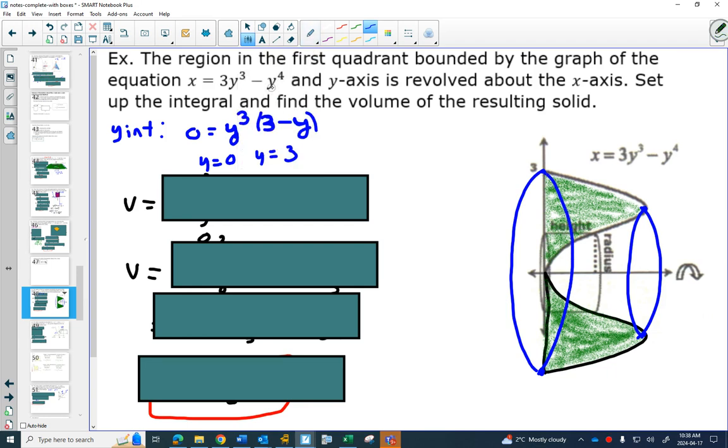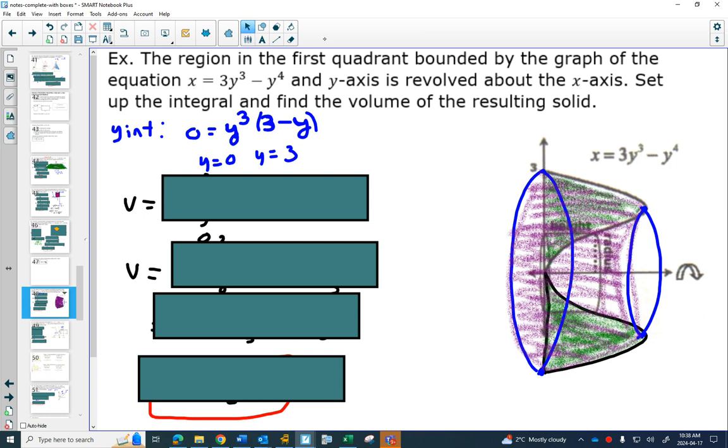I could color in the outside. And we get our dog dish kind of shape again. That's the volume that we want to find.